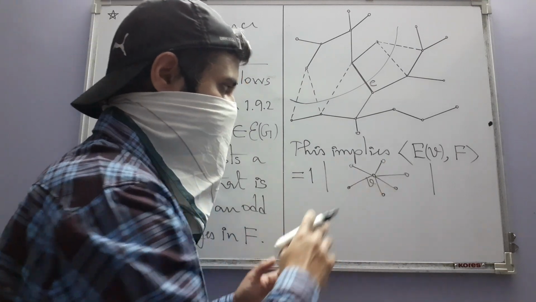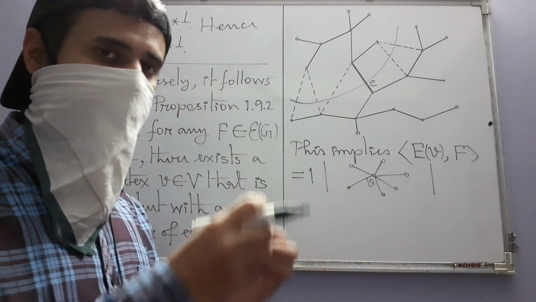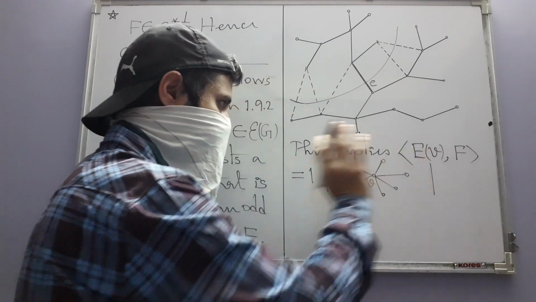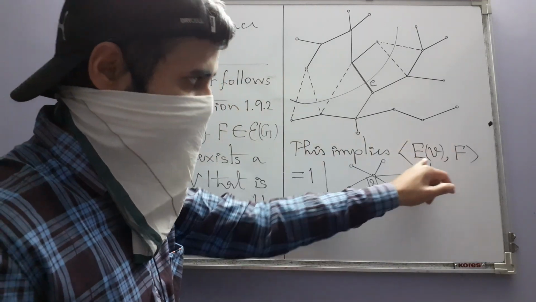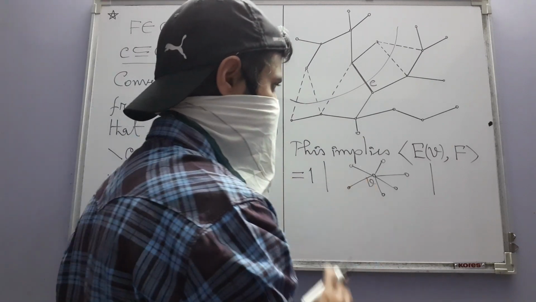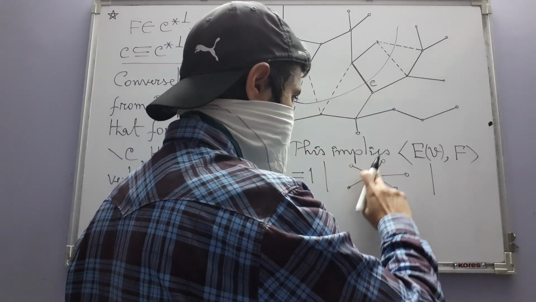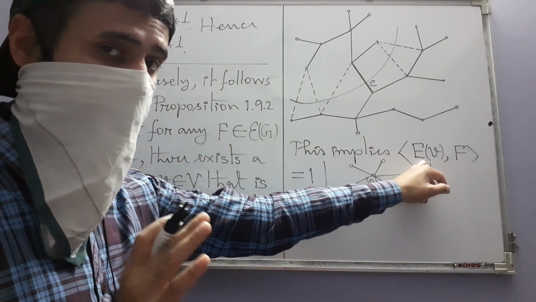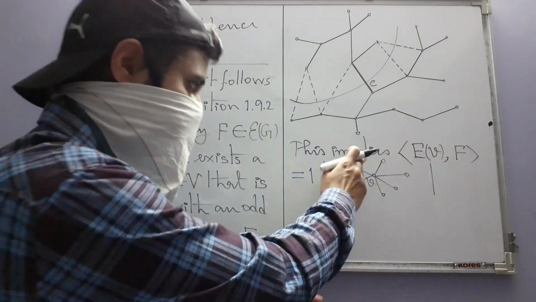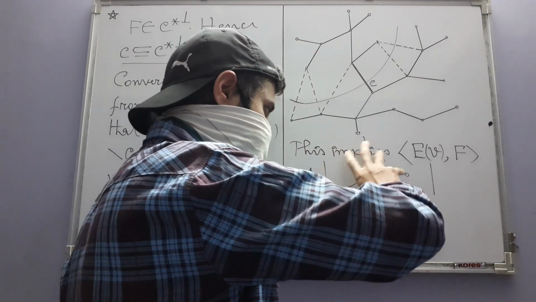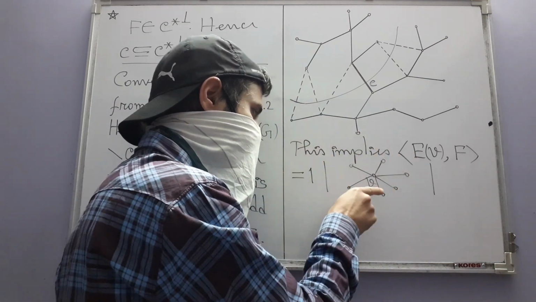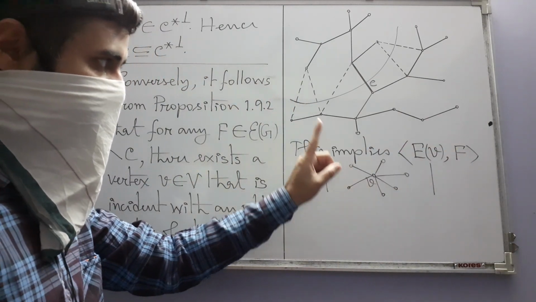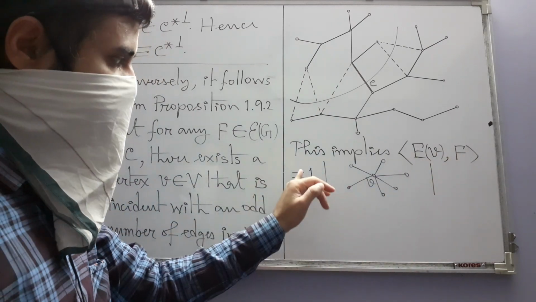EV is the set of those edges that are edges at V. That is, you can say they are edges emanating from V. So this is a set of edges, that means this is a vector in the edge space, because this is just all the edges that are there in, well, this may not be all the edges at V, there may be others, but this is the set of those edges in E of V which are also edges in F, and that number is odd. So that's why this inner product value cannot be 0, it is 1.